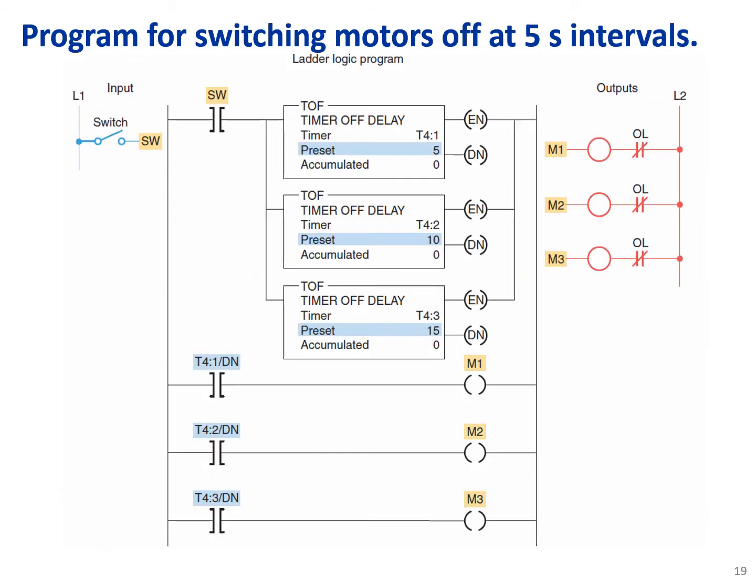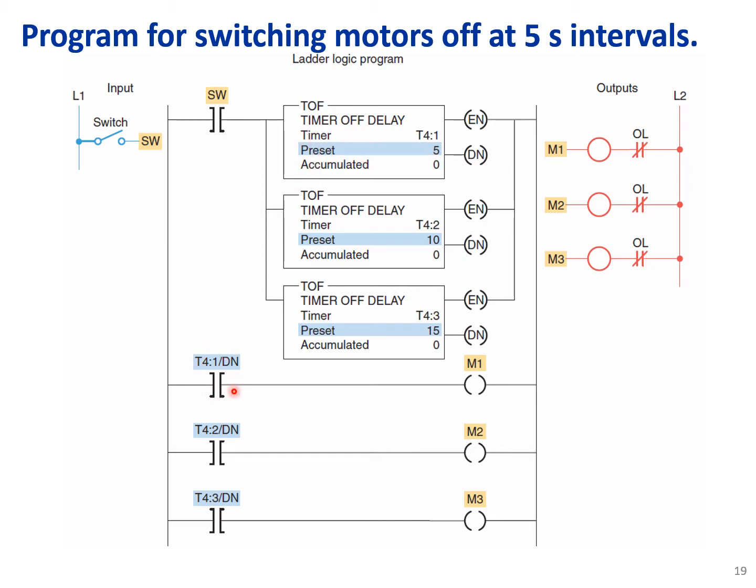Program for switching motors off after 5 seconds of interval. Here we have one switch and 3 motors, M1, M2 and M3. Once this switch is off, so when we turn it from on to off, the first motor will go off after 5 seconds.